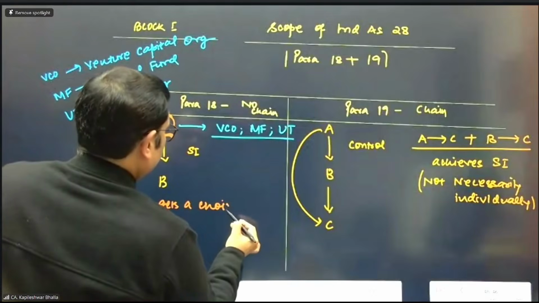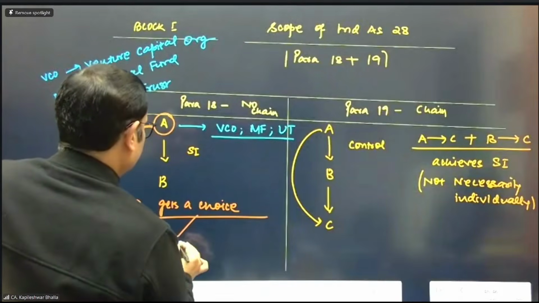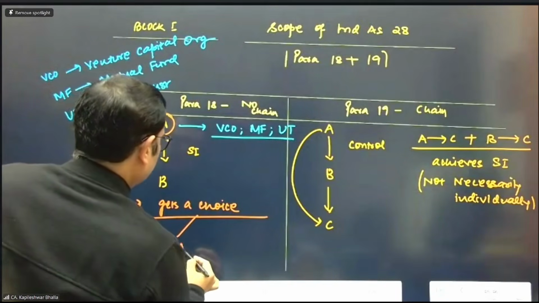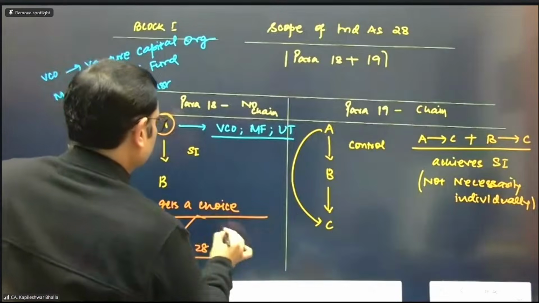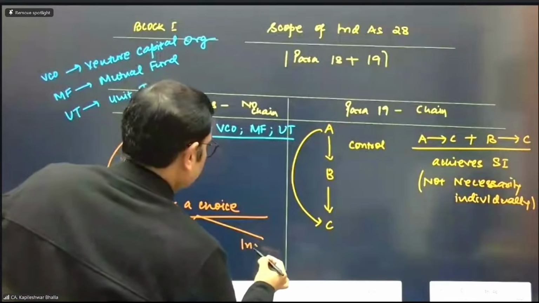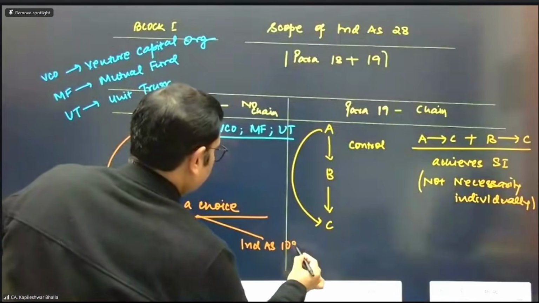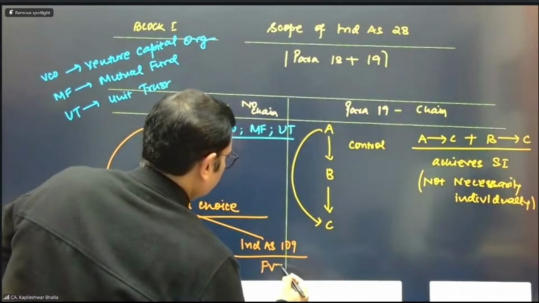The choice is either he applies Ind AS 28, that is the equity method of consolidation, or he applies Ind AS 109 and captures the investment in the balance sheet at FVTPL.